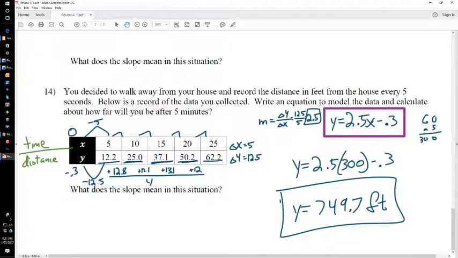So the slope is how fast you are moving away from your house. Or you can just say straight up how fast the y value is increasing. How quickly you're increasing the distance to your house. Something along those lines. Alright? And that's that.